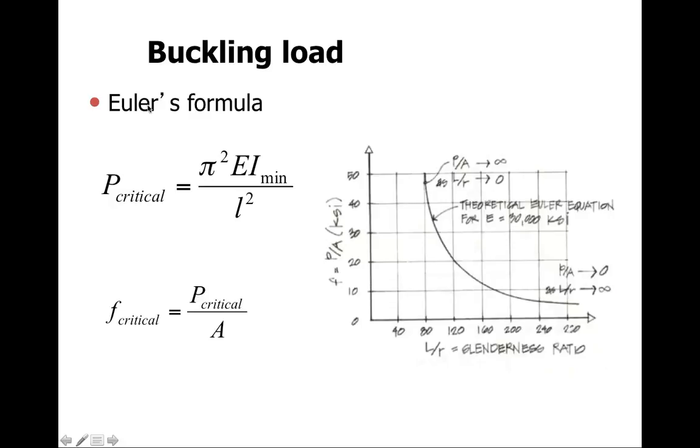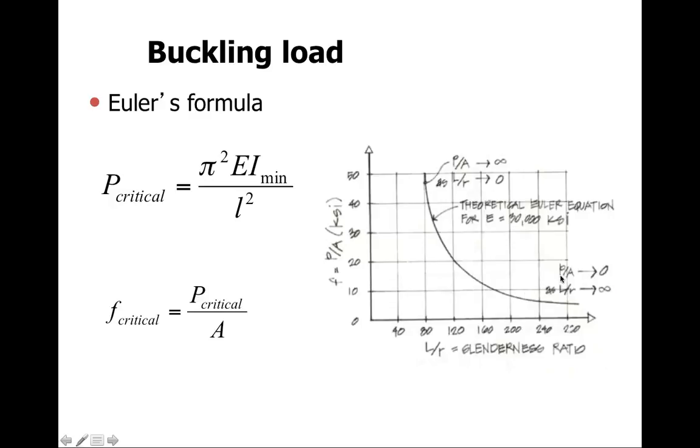So in terms of buckling load, we have here P critical equals pi squared EI minimum over L squared. This shows some examples of how it would be. Here's our slenderness ratio.